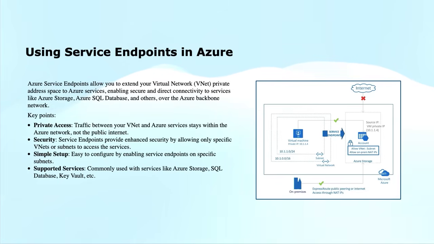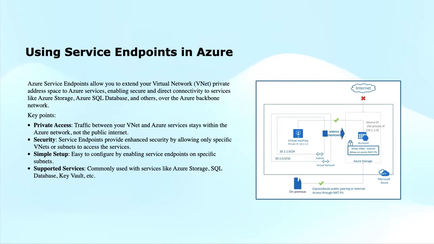But if my cloud services are hosted in Azure and my virtual network and the resources like virtual machines inside it are also within Azure, rather than sending this traffic or routing it through the internet, I can optimize this traffic routing using Microsoft's backbone network.